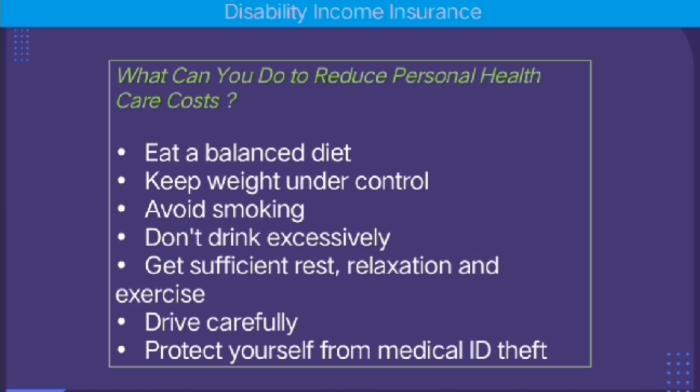Avoid smoking. Yes, we should not use cigarettes because they damage our bodies. Don't drink excessively. Yes. So, get sufficient rest, relaxation, and exercise. Of course, we should sleep well and relax. We should not get stressed. And also we exercise to keep our bodies healthy.